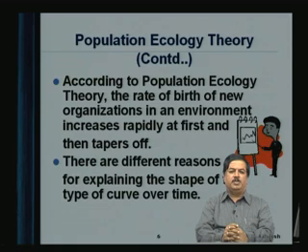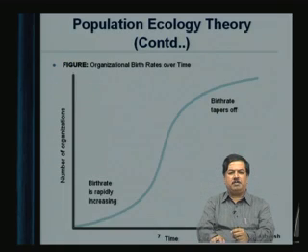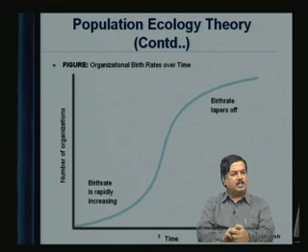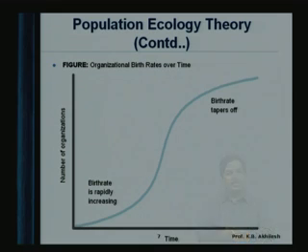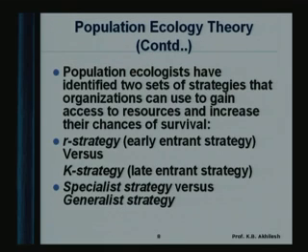In some situations it is a very conducive environment, and then it moves typically like an S curve. Then it reaches a plateau, but a lot of initial investments are made in increasing the number of organizations. Some of them will grow, but many of them will decline.